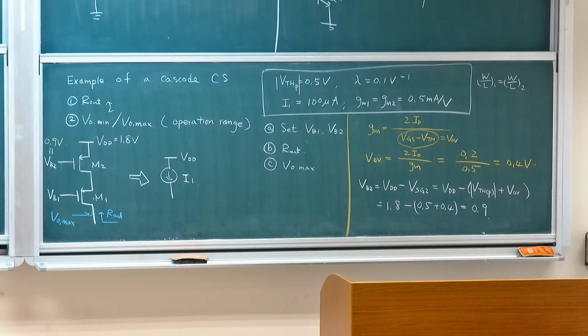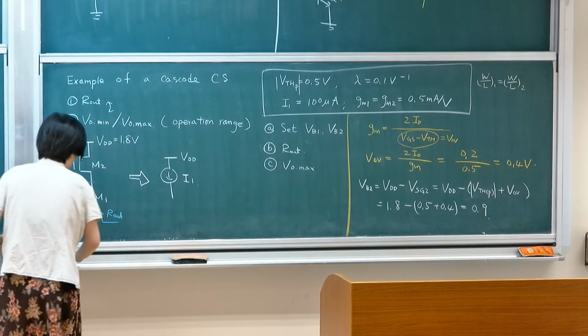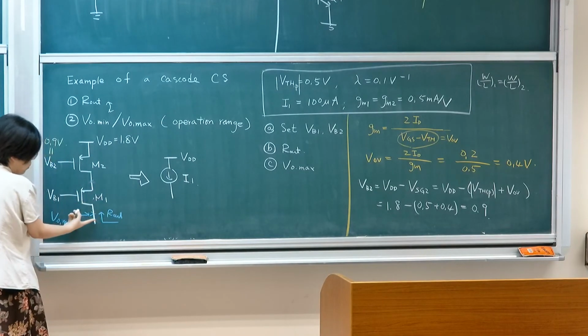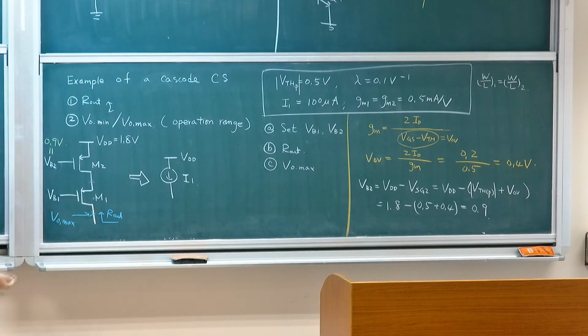So how does one determine this voltage, VB2, VB1? This one is already known, but for this one, the drain voltage at this node is undetermined, so it's set by whatever you want. Typically you want to set this point to the highest level so that the output can be moved to the highest level.